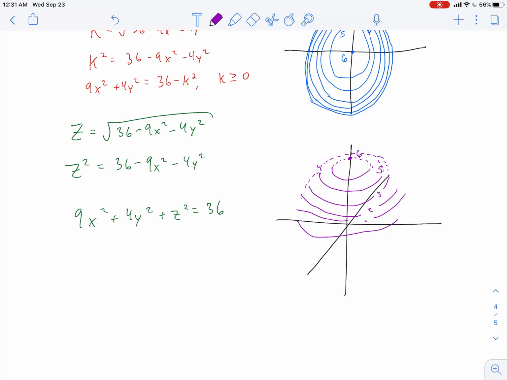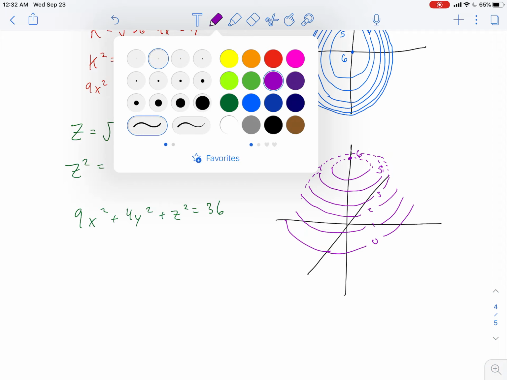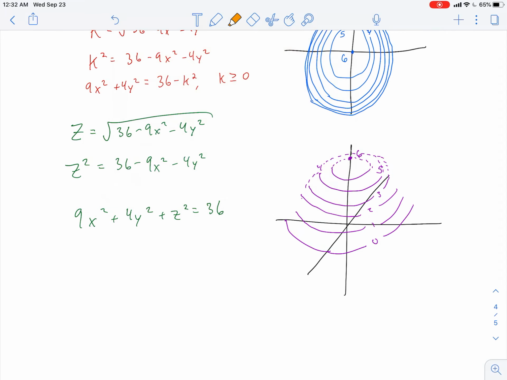This is not the best drawing. And so this is what we have. That is our surface.